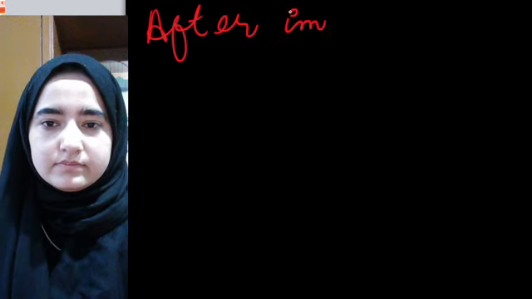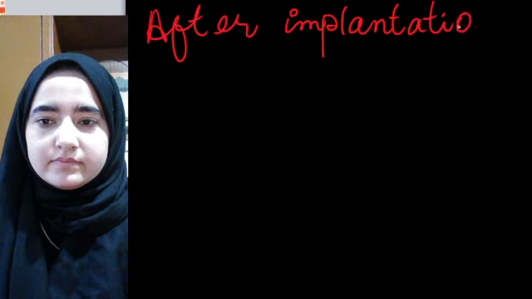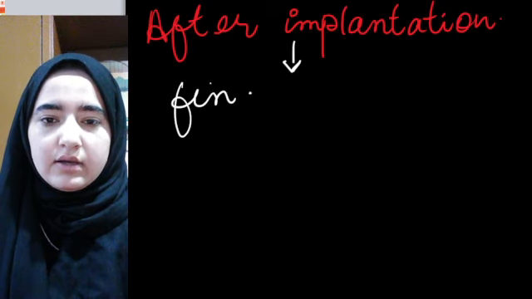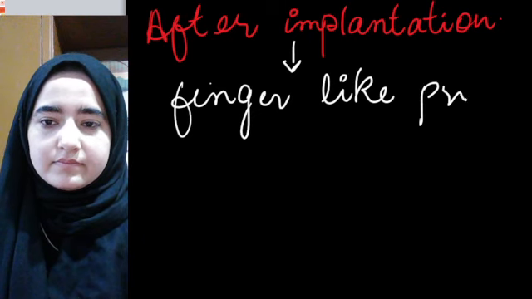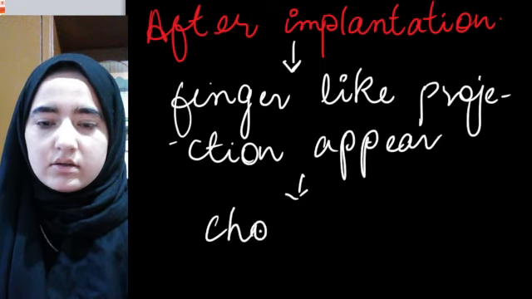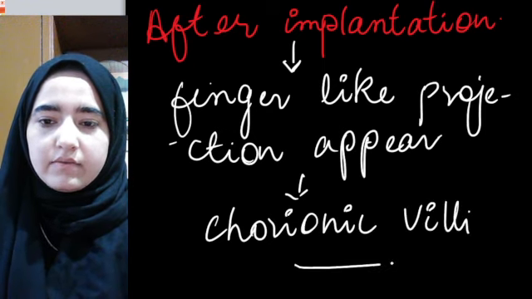After implantation, finger-like projections appear, which are known as chorionic villi.